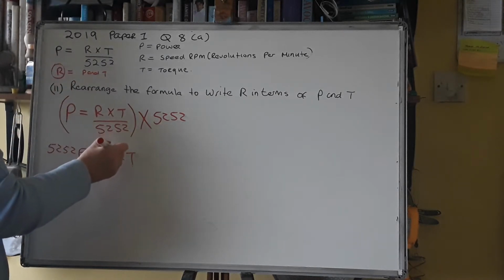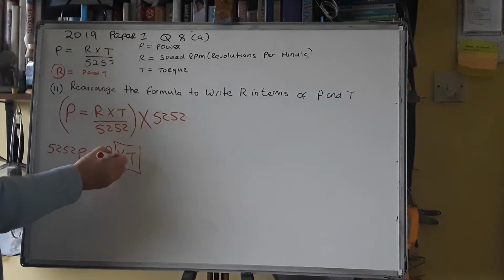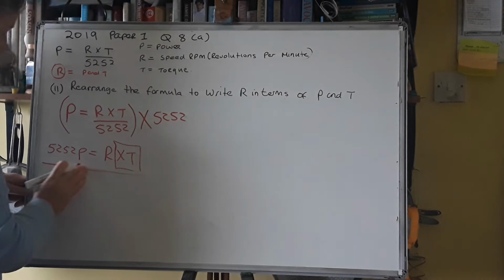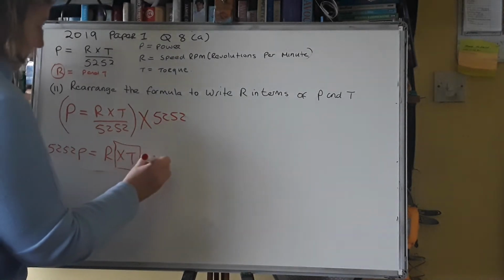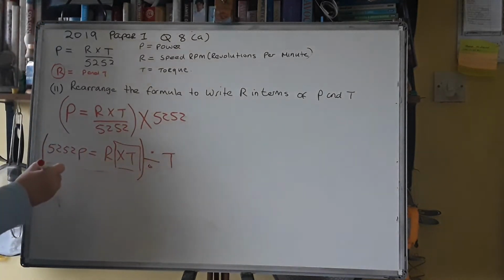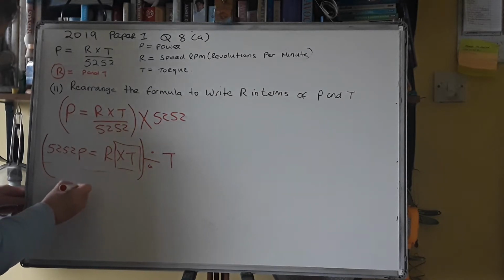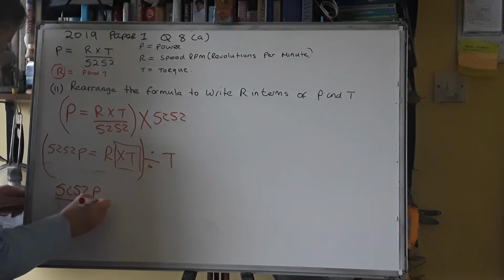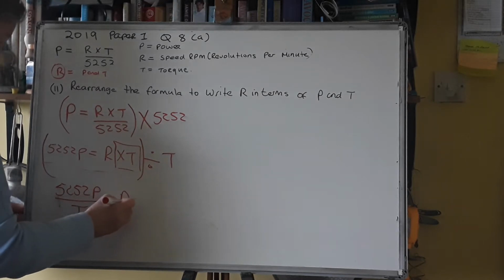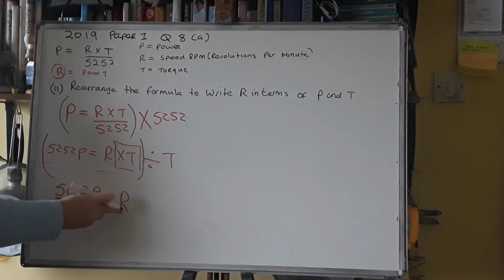So we want to get rid of that T. Now, if it's R multiplied by T, to get rid of that T, you divide the whole of this by T. And when you divide the whole of this by T, what you get is 5252 P over T equals R. And as you can see, now you have your R on its own.